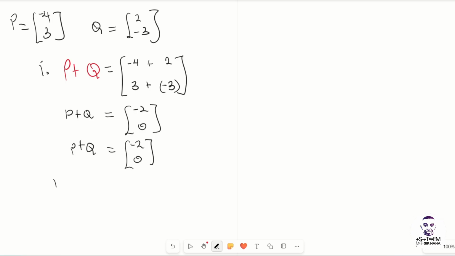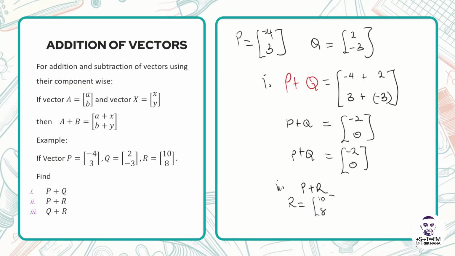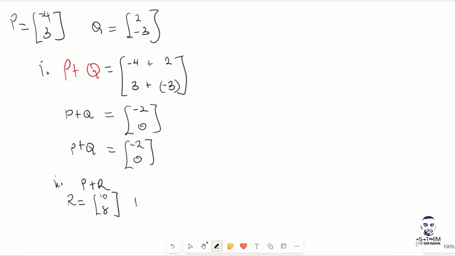And then the next one, we are supposed to find P plus R. Now, we know that the R given in the question is 10 and 8. So that implies that our P plus our R should be equal to P, which is negative 4 and 3, and then R is 10 and 8.